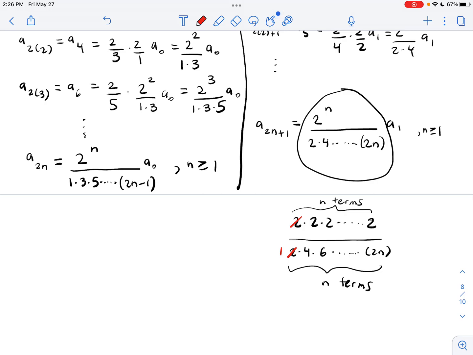2 and the 2 reduce and give you 1. This 2 goes away with this 4 to give us 2. This guy and this guy go away to give us 3.